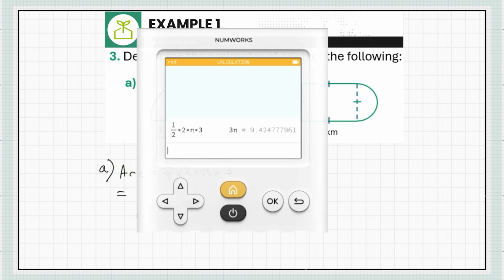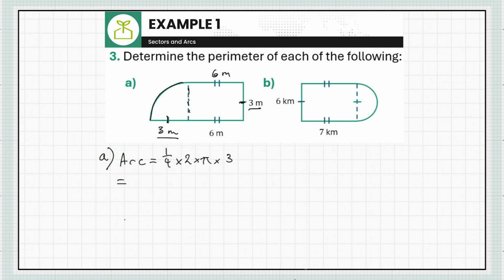And we get 9.4247, but to 2 decimal places it's just going to be 9.42. Alright, now that we've determined that, we can now add everything up.